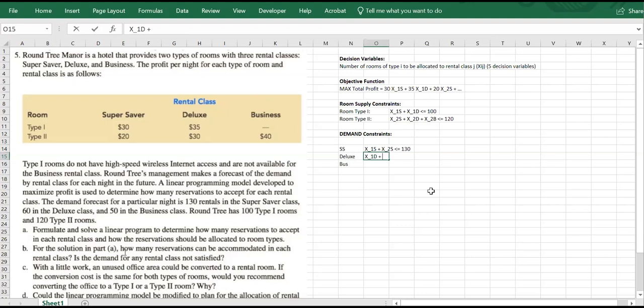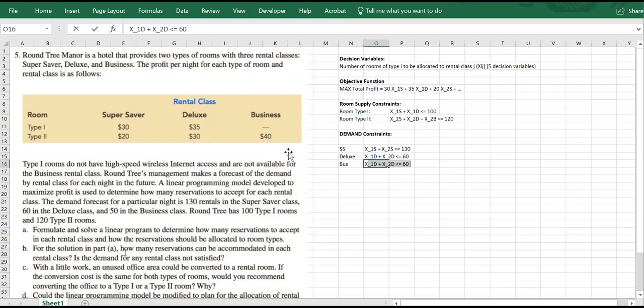X1D plus X2D should be less than or equal to 60. 60 people are interested in deluxe suites or deluxe rooms. And then for business class, we have only type 2 rooms.